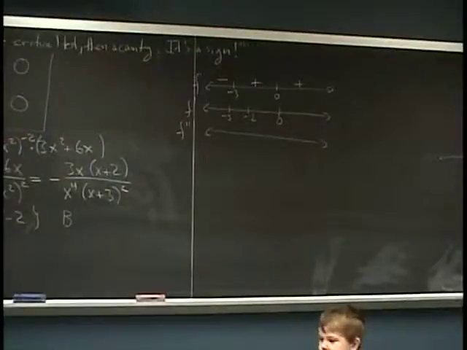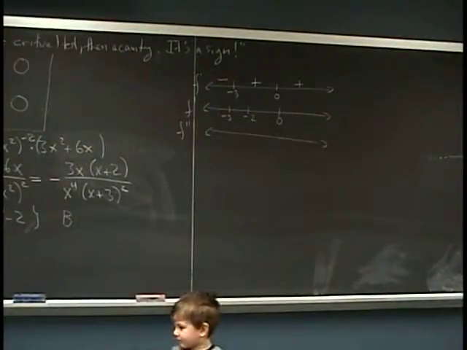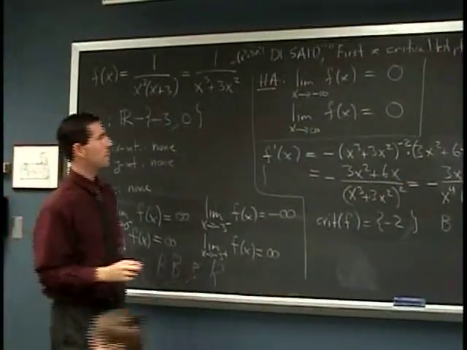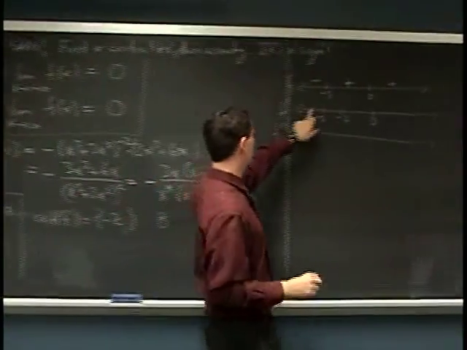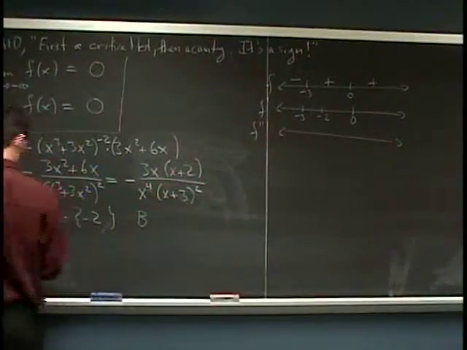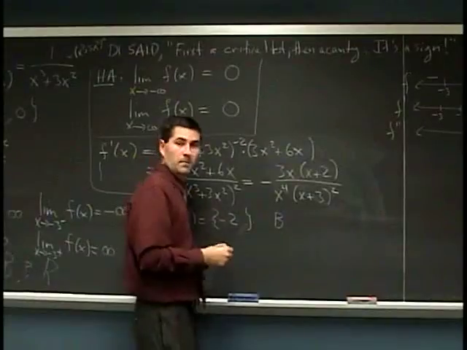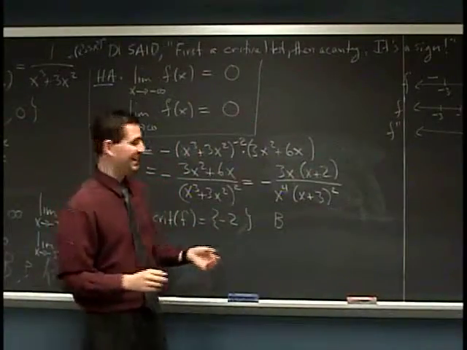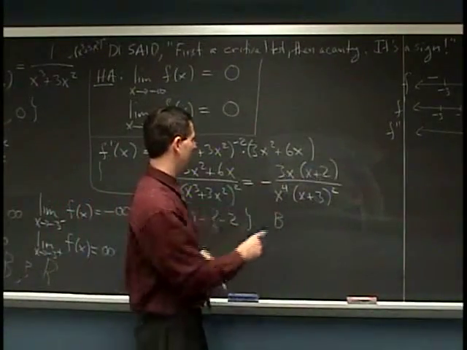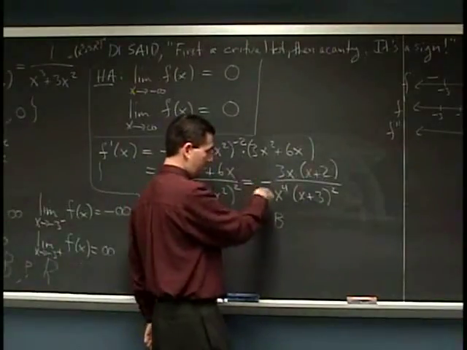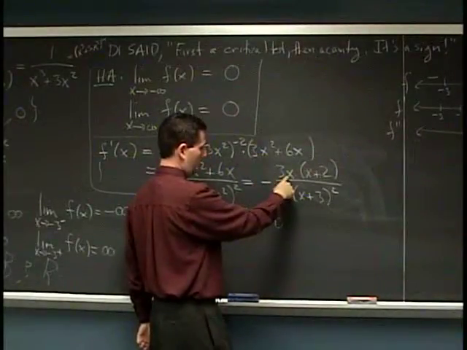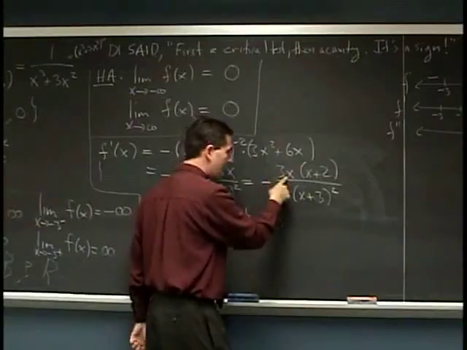Now we'll do the sign graph for f prime. If we throw in something really negative into f prime, what do we get? The whole thing is negative. Now what's on the inside? I put in a big negative number.